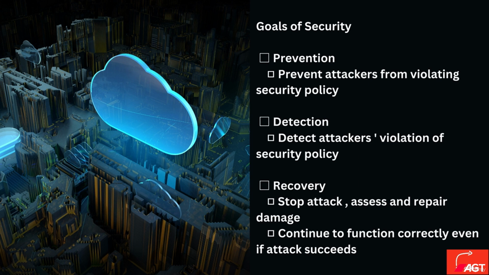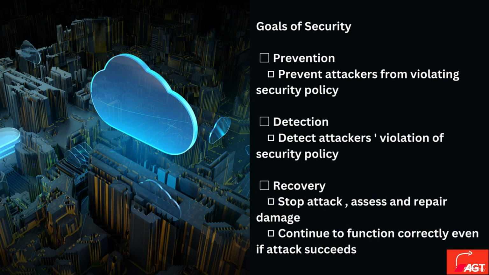In conclusion, protecting the integrity, confidentiality, and availability of cloud resources depends on achieving the three cloud security goals of prevention, detection, and recovery. By implementing strong security controls and procedures, prevention measures try to halt attacks before they start.